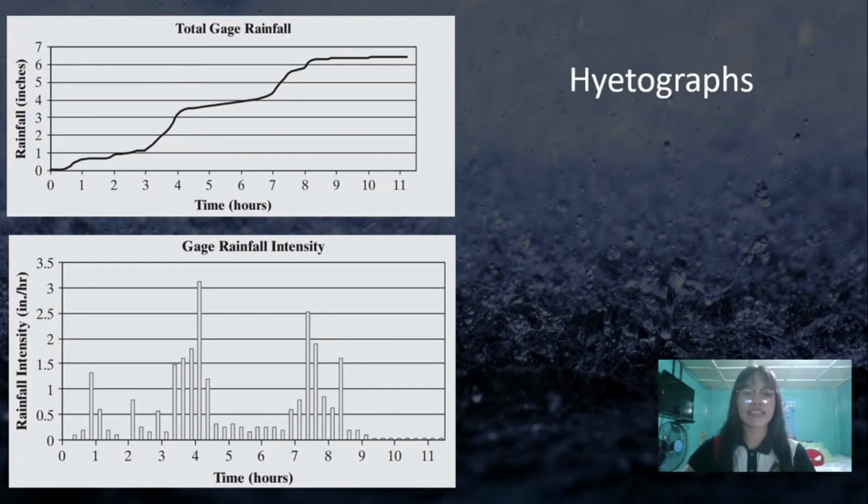This illustrates that the mass curve is the integral of the hyetograph. As in probability theory, the cumulative distribution function is the integral of the probability density function. Note that the gauge had two distinct periods of intense rainfall. These periods of rainfall intensity have the capacity to produce significant runoff and flooding.